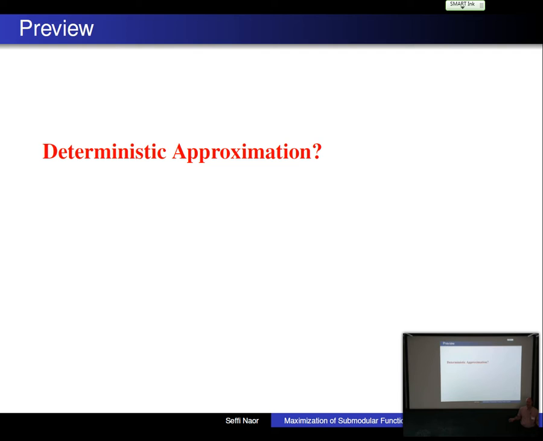A very natural and interesting question is, can we get deterministically the factor of half, or can we rule out the possibility of getting a deterministic algorithm which achieves 1/2? But we did run this fractional deterministic algorithm. Yeah, but we did use randomization for evaluating the multilinear extension.